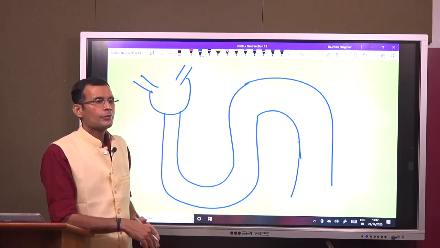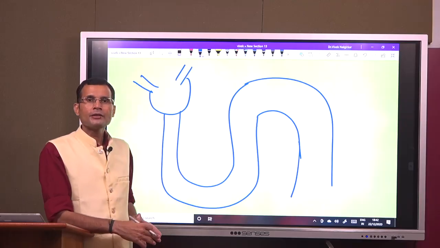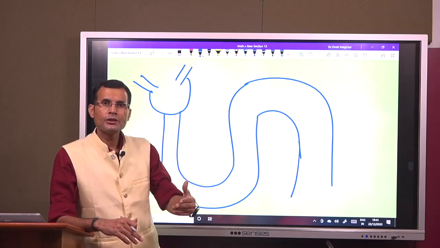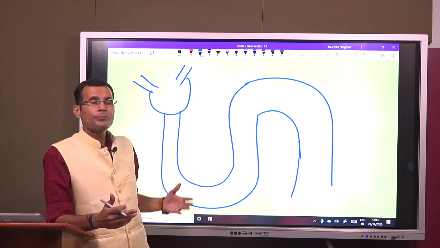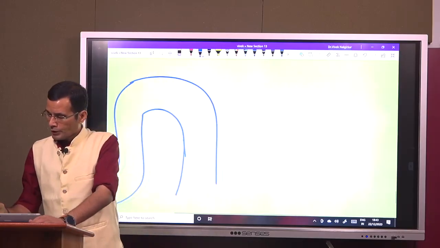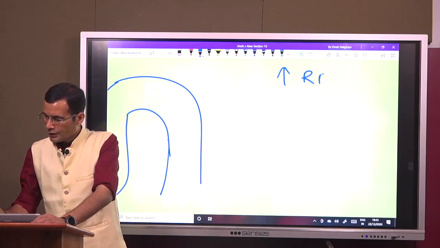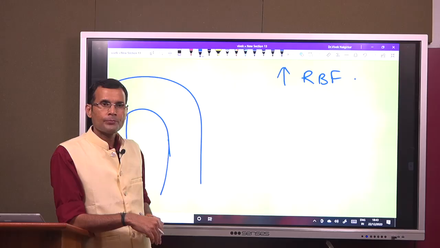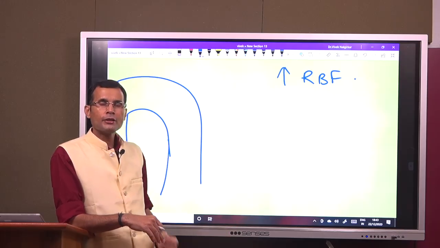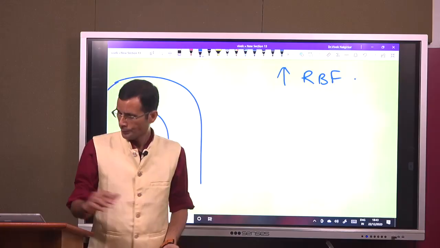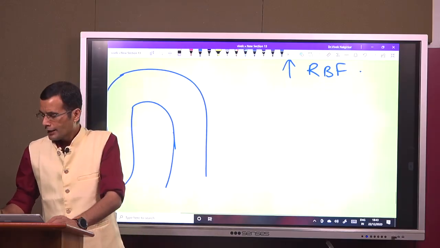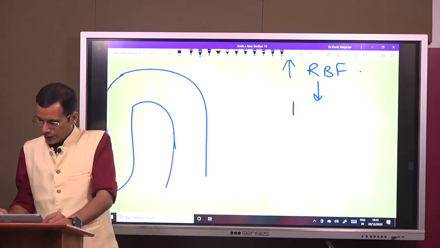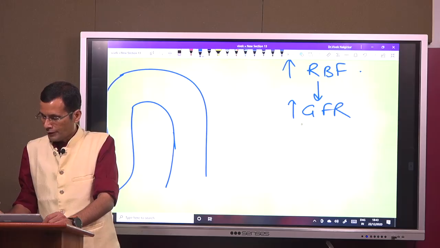Yet, there is a possibility that if there is increased blood pressure, systemic blood pressure, and therefore there is increased renal blood flow by any such reason, that the blood pressure has got altered and therefore there is increased renal blood flow. Well, increased renal blood flow will mean increased GFR.